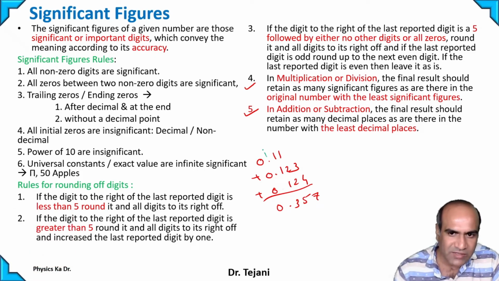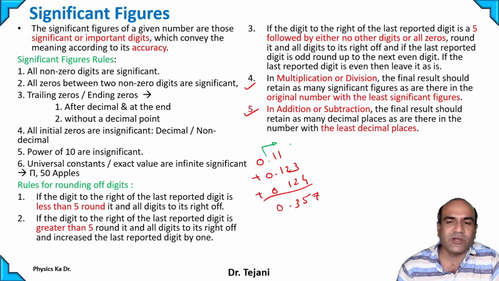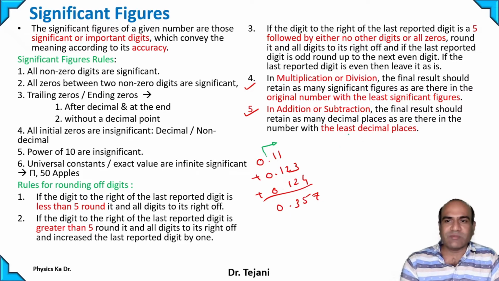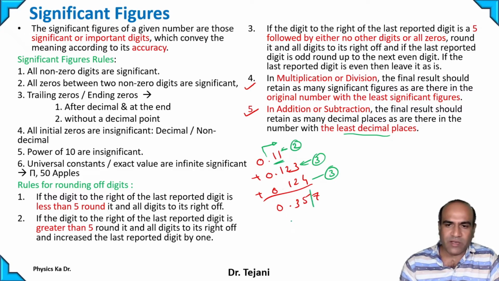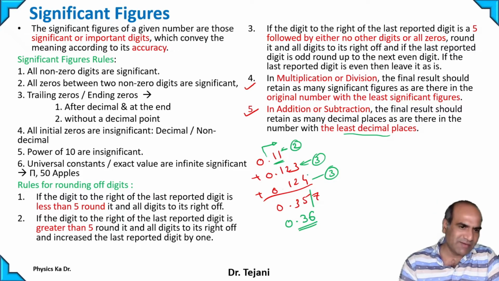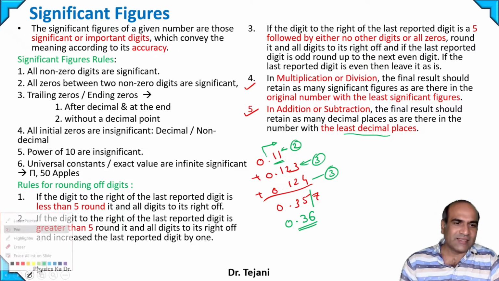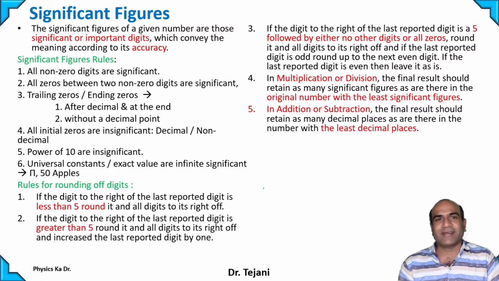This is the decimal we need to check, and then we need to check the least decimal places. How many places here? We have two decimal places here, and here it is 3, here it is 3. So the least decimal place is 2. We just need 2, so it becomes 0.36. Very simple.